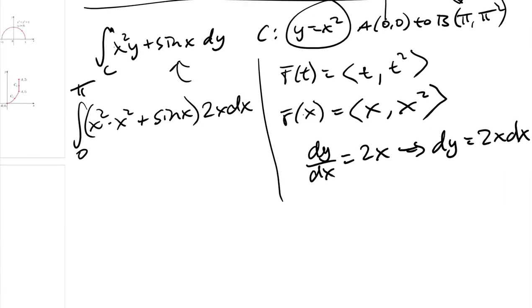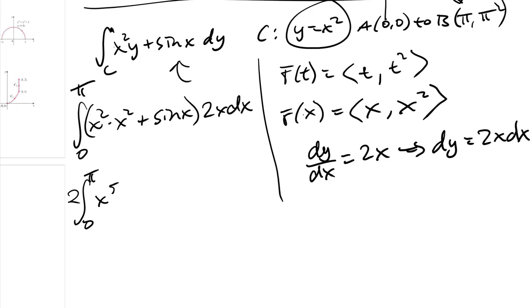So then you solve this, just looks like a Cal 1 problem, 0 to pi, x squared times x squared gives x to the fourth, and then 2x. I'm going to pull the 2x out, so x to the fifth plus x sine of x.